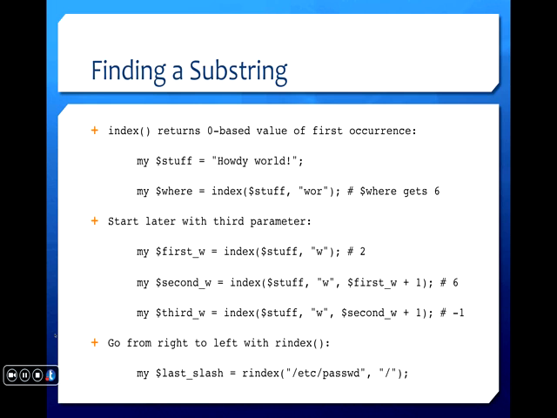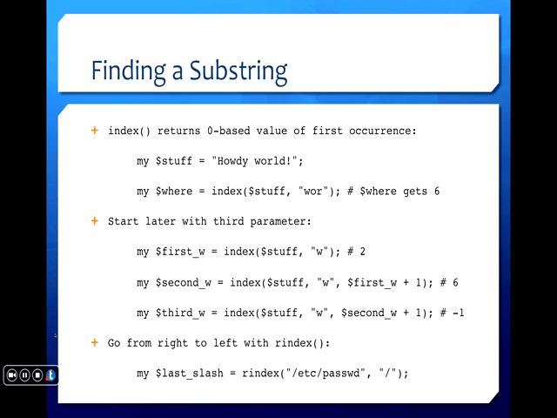The third time I call the same function index, it will return -1 because there is no more W. So index will always return the starting position of the short string in the long one, otherwise -1 if it couldn't find it.